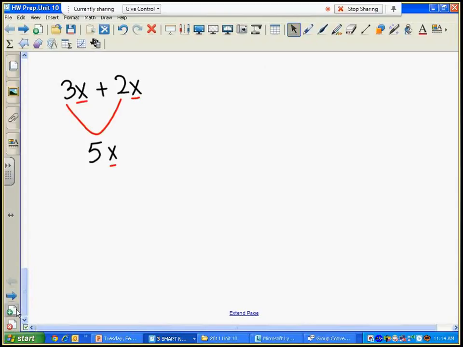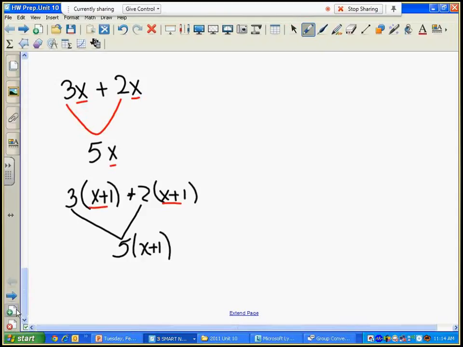Okay? Well, what if I trick it up just a little bit? What if I say that I have 3 of those plus 2 of those, and I want to add those together? Well, they're both the same type of thing, so under the same logic, I should be able to add those guys together and get 5 of those. Okay, well, let me trick it up just a little bit more.